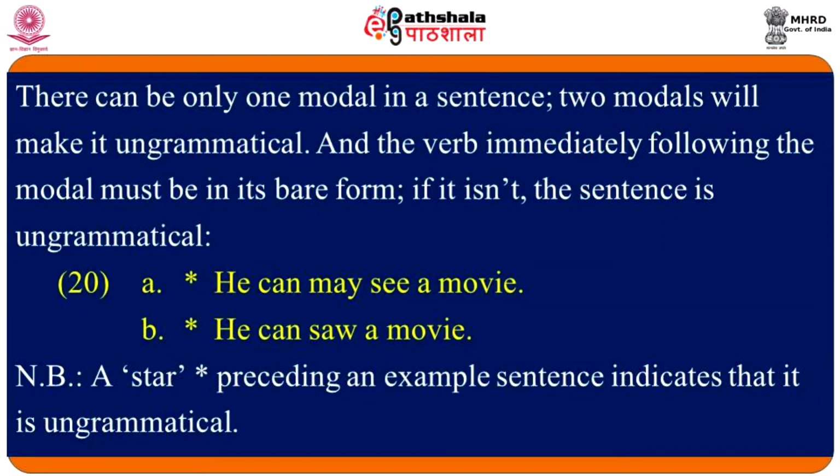Two modals will make it ungrammatical, and the verb immediately following the modal must be in its bare form. If it isn't, the sentence is ungrammatical, as you see it on the screen. He can may see a movie. Wrong. He can saw a movie. Wrong. We use conventionally a star preceding an example sentence to mean that it's ungrammatical.